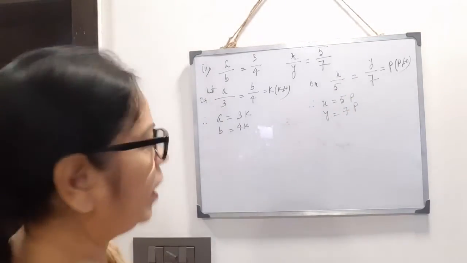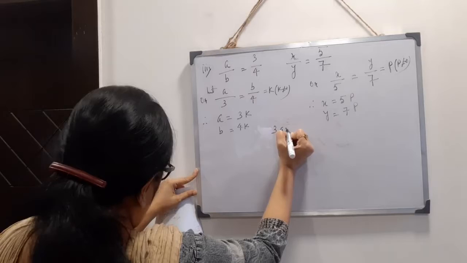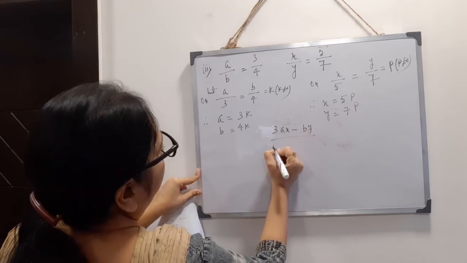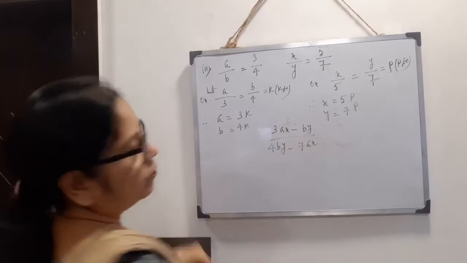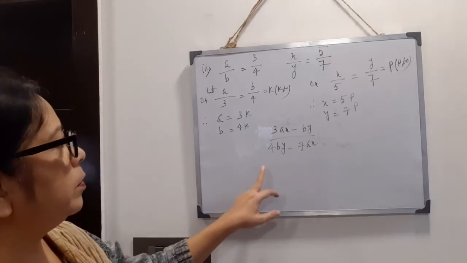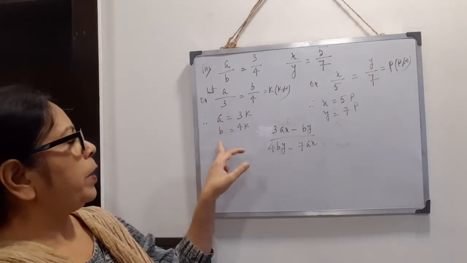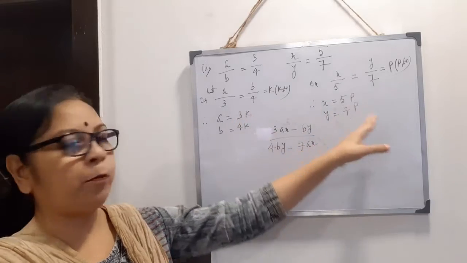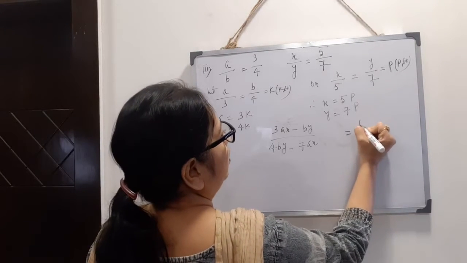You have to find the value of this: (3ax minus 4by) by (3ax minus 7ax)... this value you have to calculate. Now what to do? Just put the values of a, b, x, y from here. Clear? Then after that you will see that all k and p will be cancelled out, and you will get your final result, that will be 17 by 7.